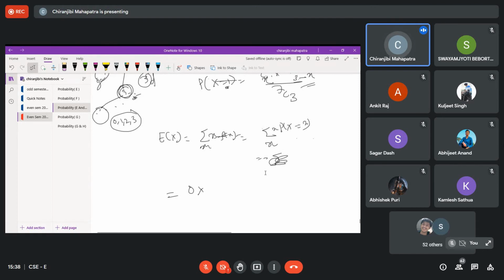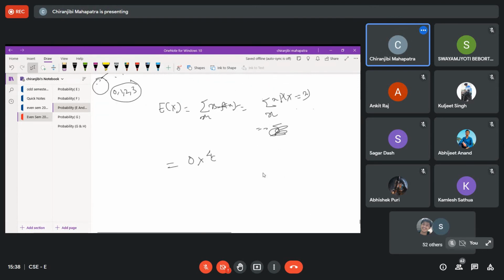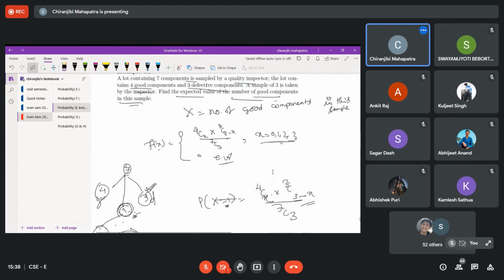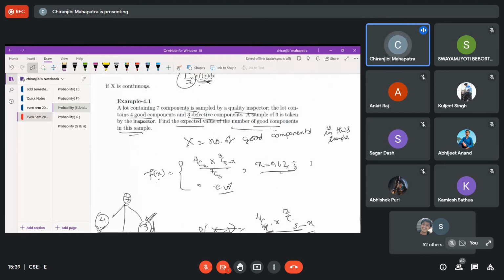Zero with probability 4C0 into 3C(3 minus 0) divided by 7C3.